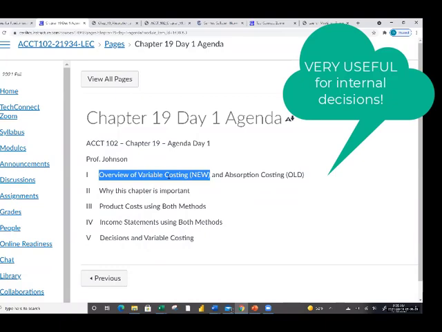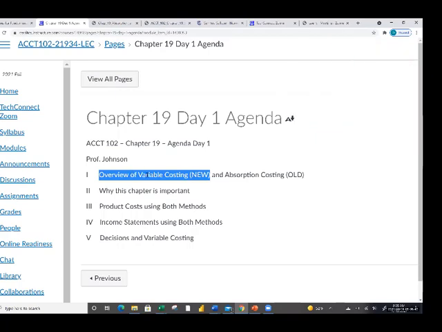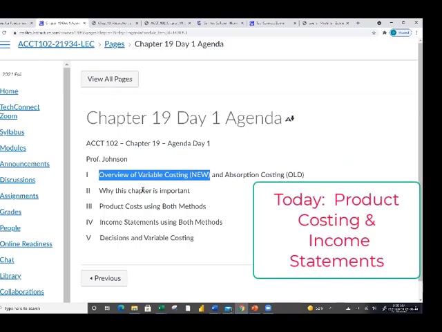And you'll even see it's a way to keep some managers from purposely overproducing for higher profit sharing bonuses. We'll talk more about that in our second day. Today, we're going to talk mostly about costing products using both techniques, and we'll talk about doing income statements using both techniques.